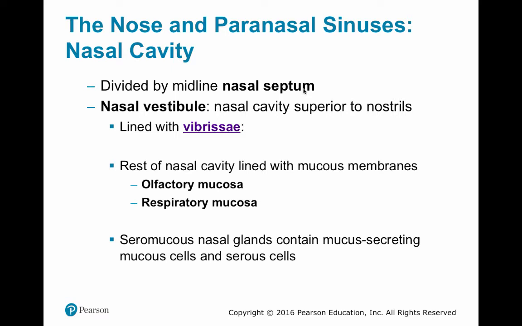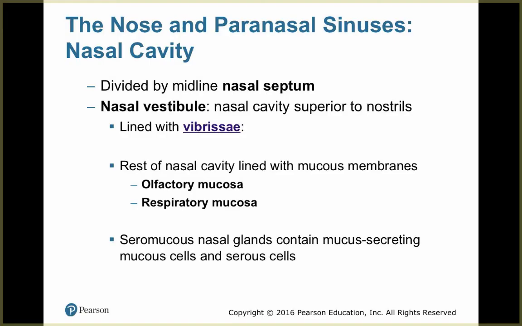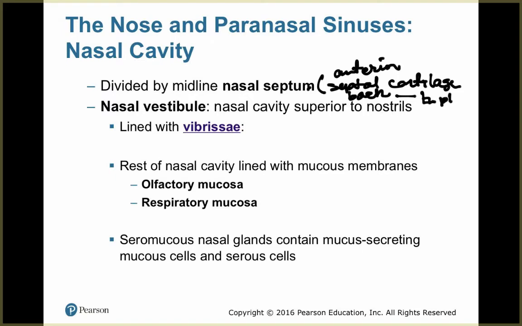This nasal septum is essentially formed by septal cartilage. And this is on the anterior part, so towards the front, right? And at the back, you might remember when we were talking about the perpendicular plate and the vomer.